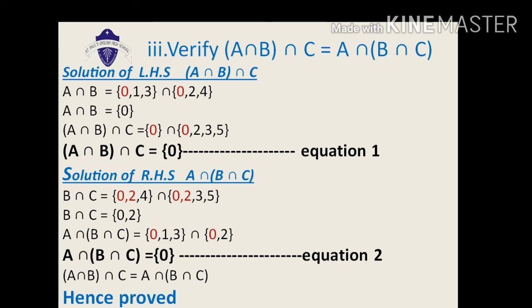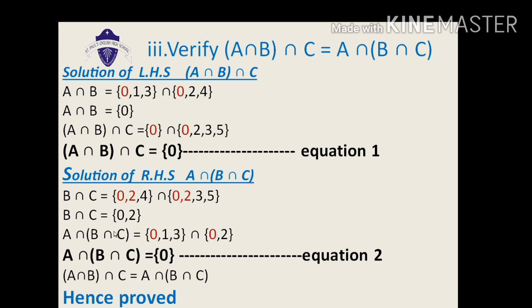First we will find the solution of the left hand side that I have already explained in the previous slide. So the final answer of the left hand side is {0}, that I am representing by equation number 1. Now we will solve its right hand side, that is A ∩ (B ∩ C).